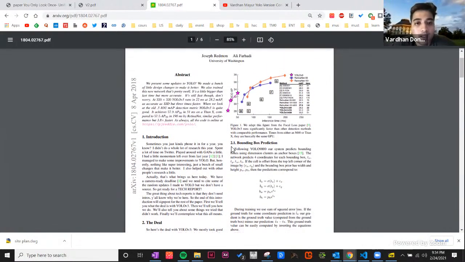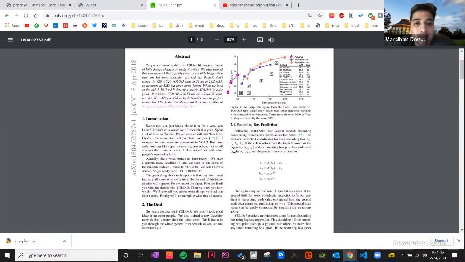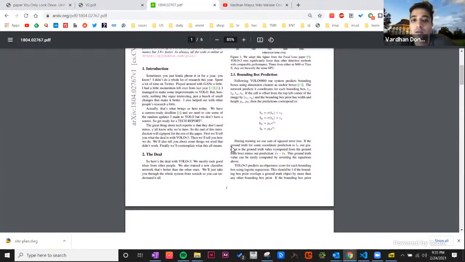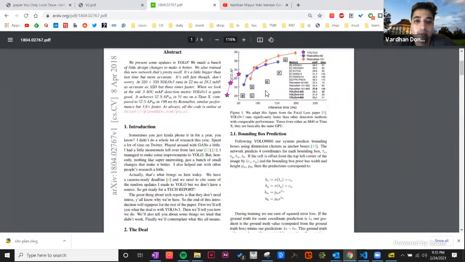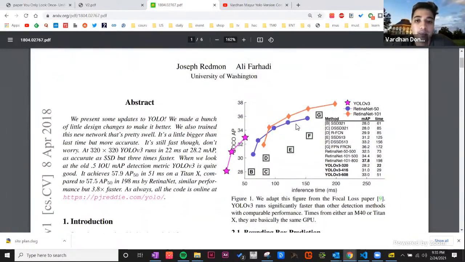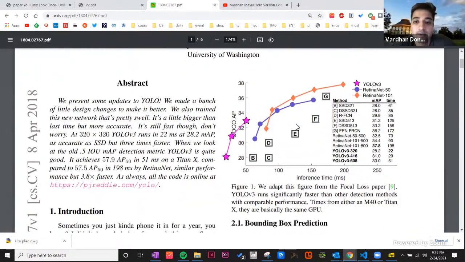So we can go to this first figure, on the inference time first, just to show what's happening, what's the difference. If you see V3 compared to the other detection networks, it's pretty fast in terms of inference.